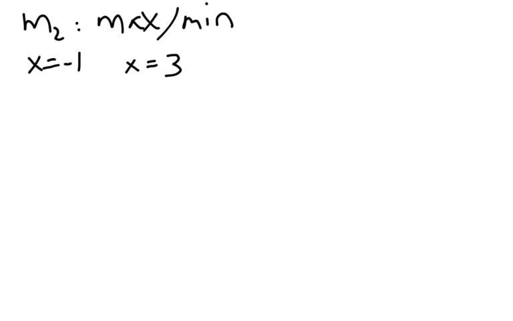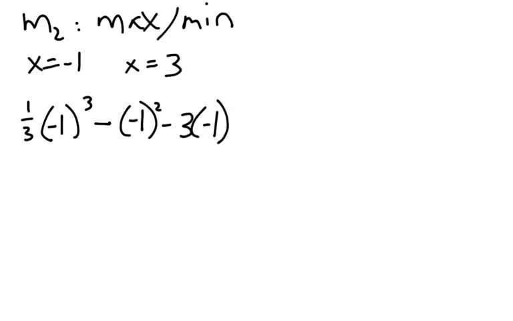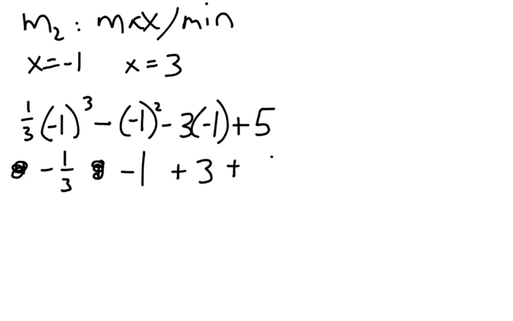So I'm going to plug those into my original function. 1/3 times -1 cubed minus -1 squared minus 3 times -1 plus 5. So this is going to be -1/3 minus 1 plus 3 plus 5, which is going to give me 8 minus 1 is 7, minus 1/3 is 6 2/3.